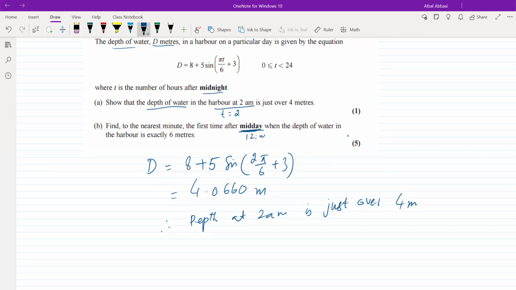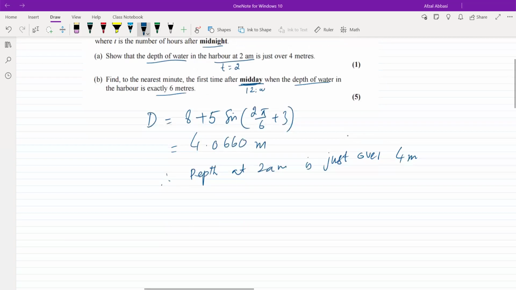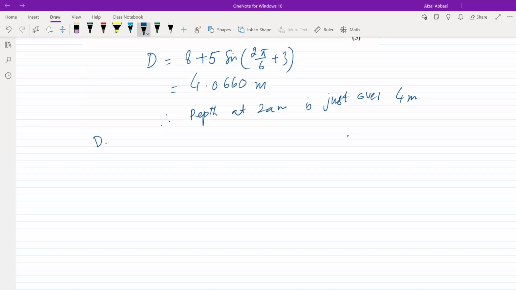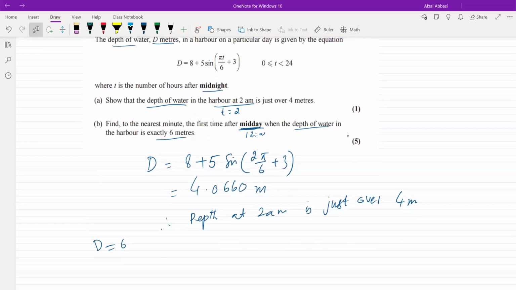After that, at what time will the depth of the water be exactly 6 meters? So D is 6 meters. We have to find the value of t, and that t should be greater than 12, because it says after midday.